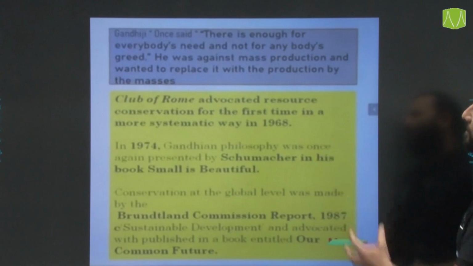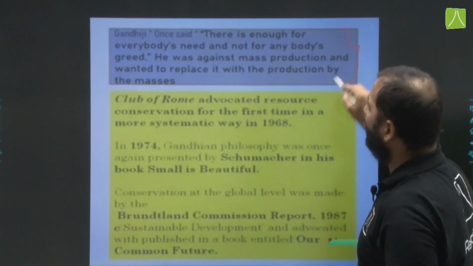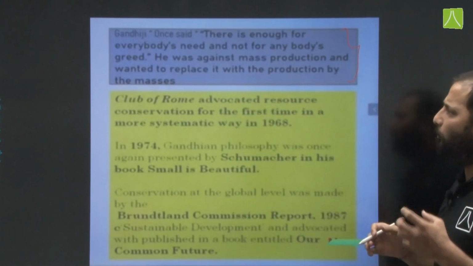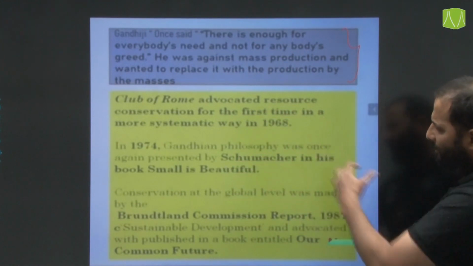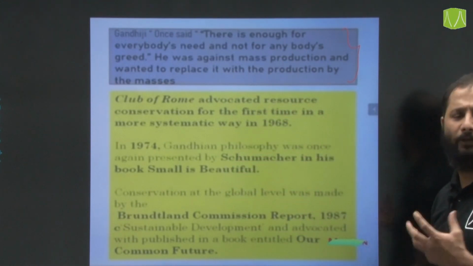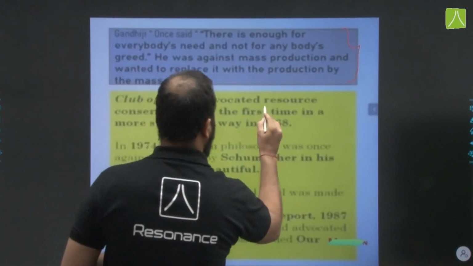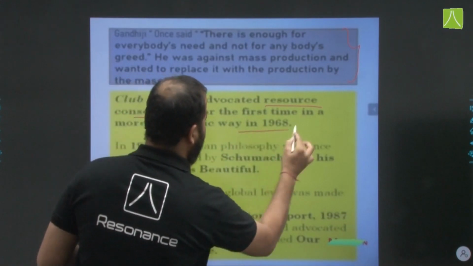Now, Gandhiji once said there is enough for everybody's need and not for anybody's greed. He was against mass production and wanted to replace it with production by the masses. Club of Rome, again this is from the box information in your NCERT. Club of Rome advocated resource conservation for the first time in a more systematic way in 1968.